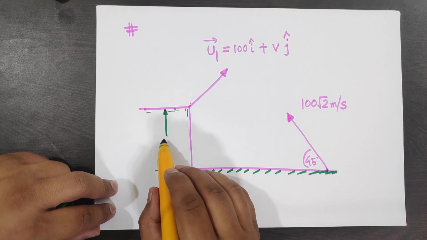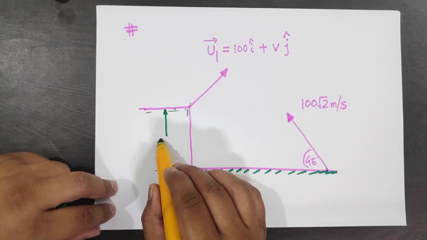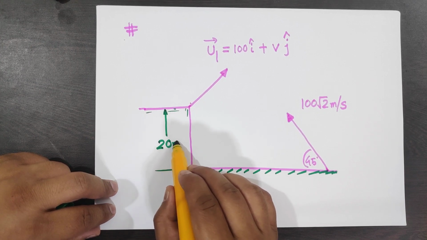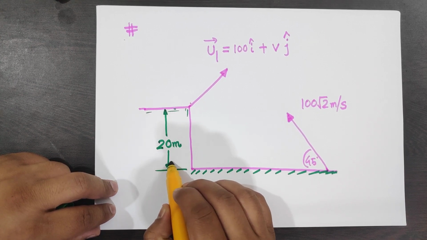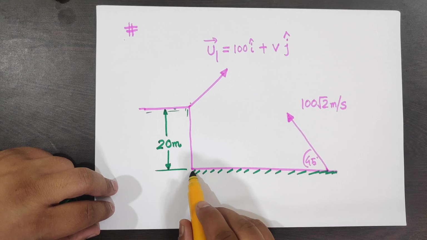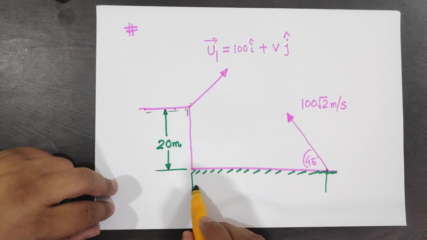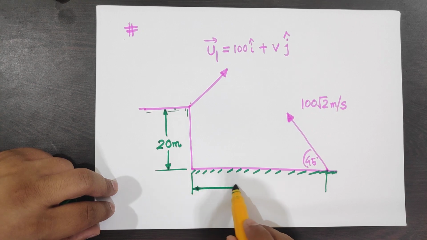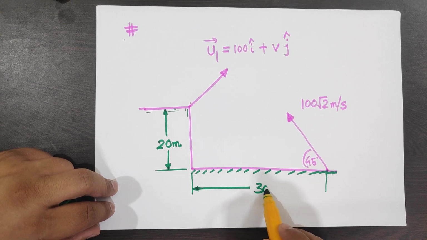Suppose this is given as a distance of say 20 meter, and this is given as a distance of say 30 meter.